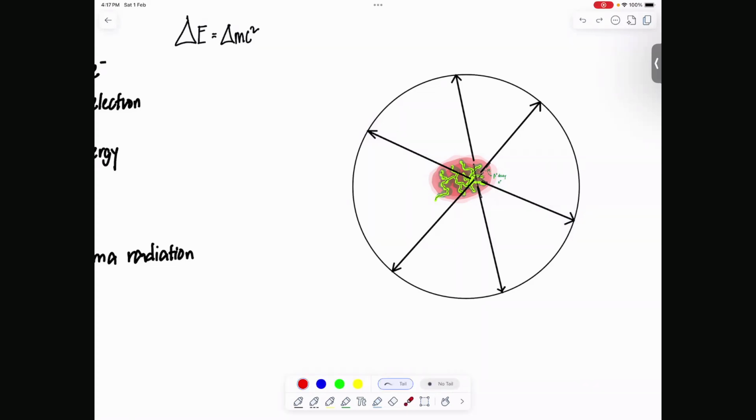Let's say, I'll give you a simple example, this one is 1 into 10 to the power 15 hertz, and the other one must also be 1 into 10 to the power 15 hertz, because they have equal frequency. This one goes and hits the target here. This one goes and hits the target here.